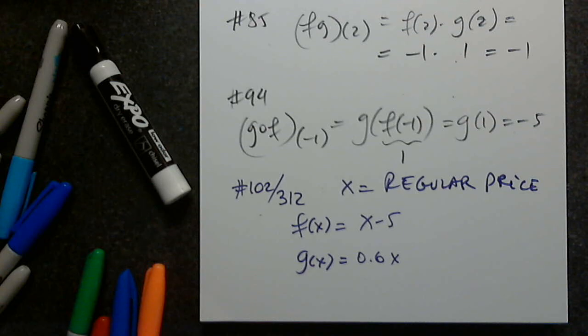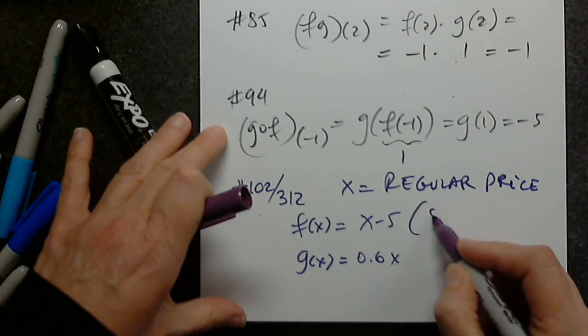Excellent. So I was only interested in the first one, but as I said, you're way ahead of me. That's awesome. I have to try to catch up with you. Okay, indeed. So x minus 5 is a $5 reduction of the regular price. Would you agree? Right. Okay, $5 off.